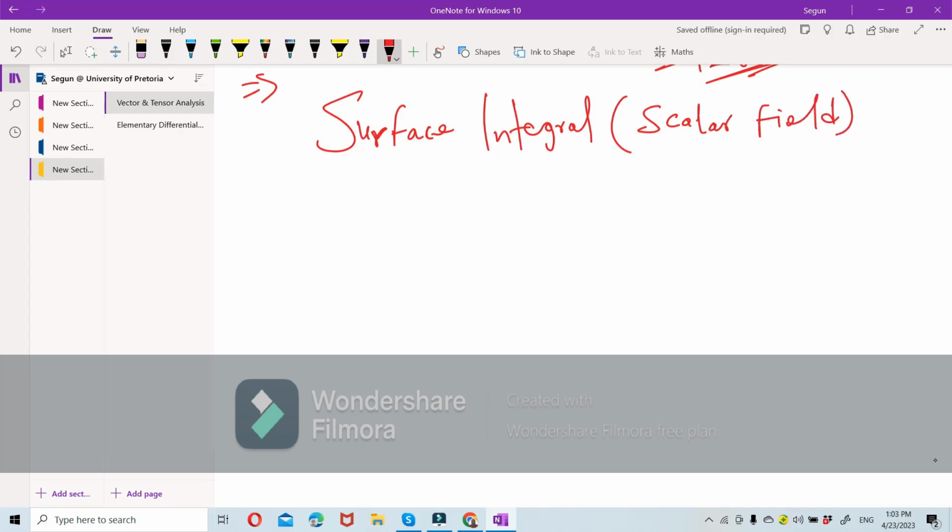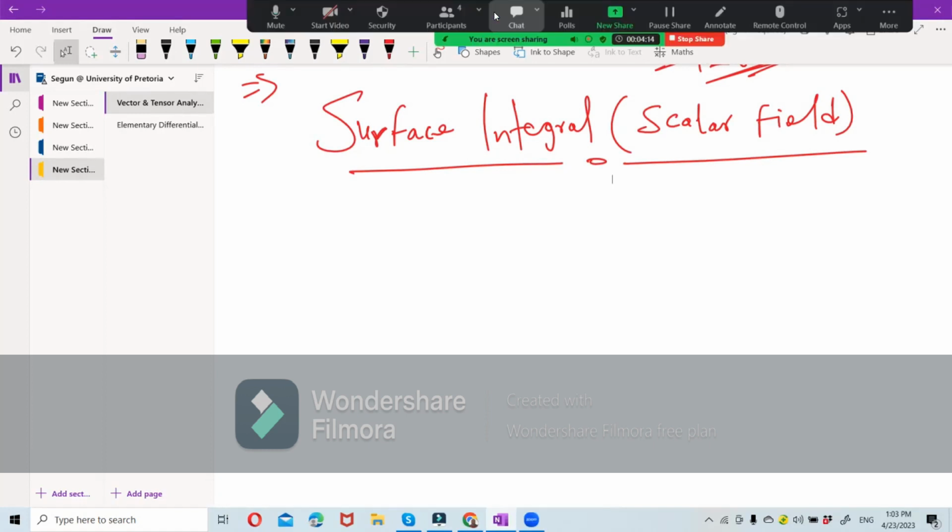We have two types: the scalar field and the vector field. For the scalar field, like I explained the other time, there are key things we need to take note of.